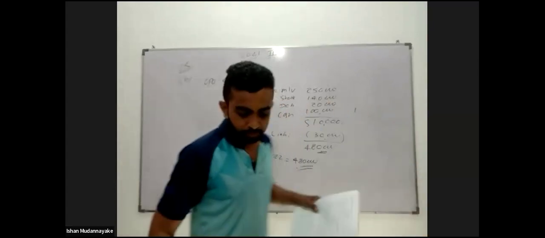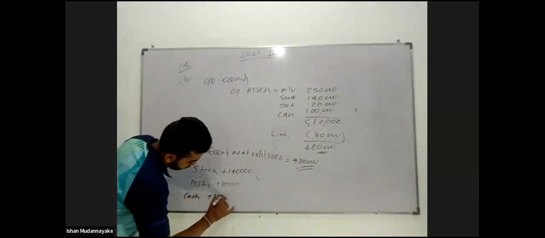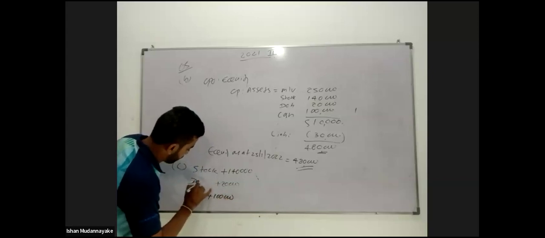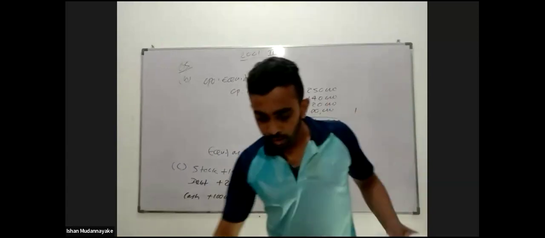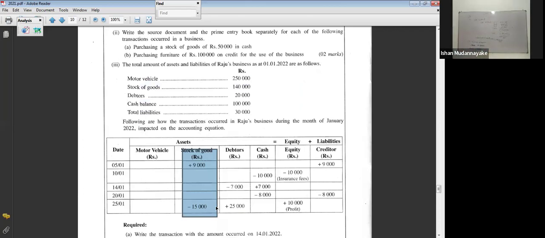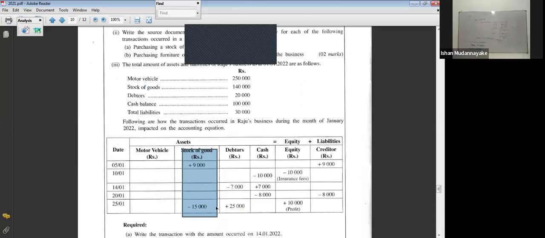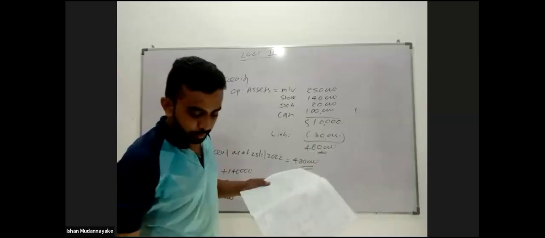Stock opening balance 140,000, debtors 20,000, cash 100,000. Now the total difference in stock: 9,000 plus 15,000 minus, net difference is minus 6,000. Stock minus 6,000.